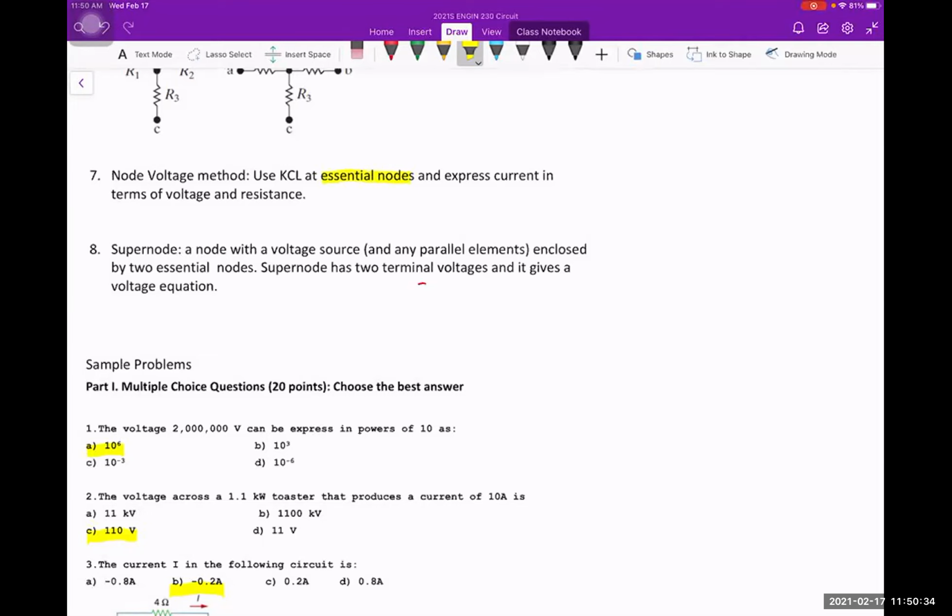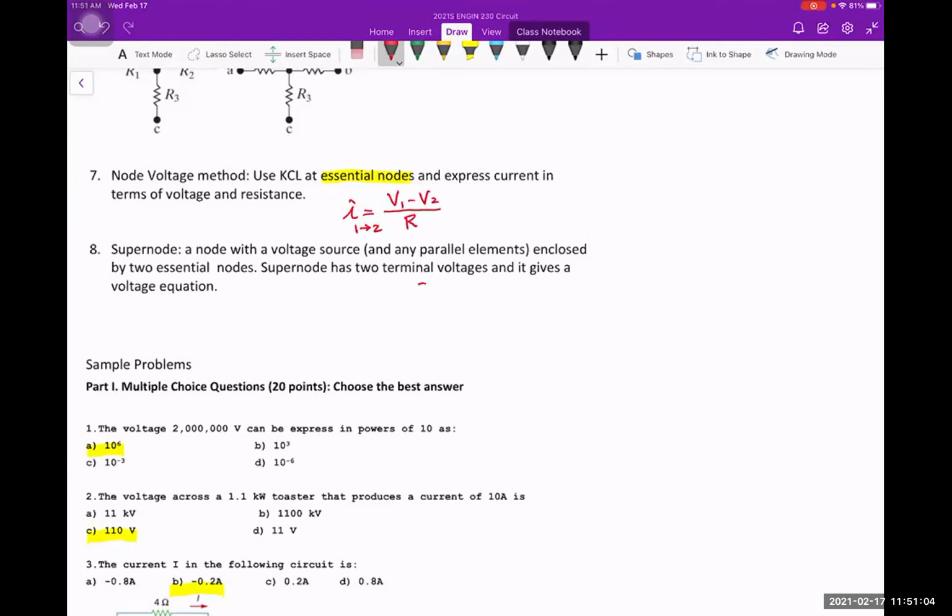You express the current in terms of voltage and resistance. And this is the equation that we told you. If you want to write the current between two nodes, let's say you are looking at node 1 to node 2, and this is the current from 1 to 2, then you're going to use the voltage of 1 minus the voltage of 2, divided by the resistor.